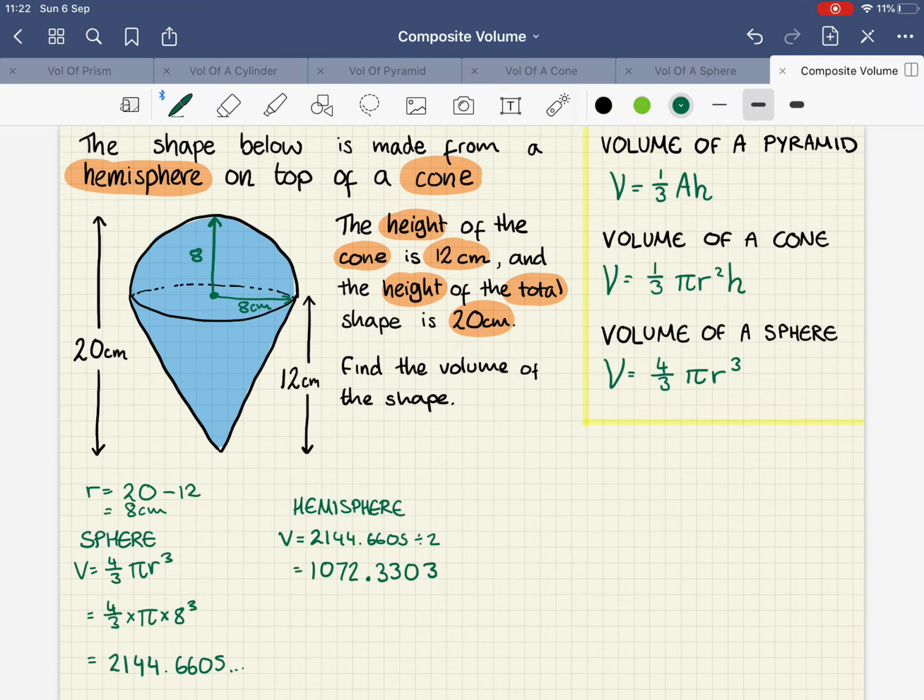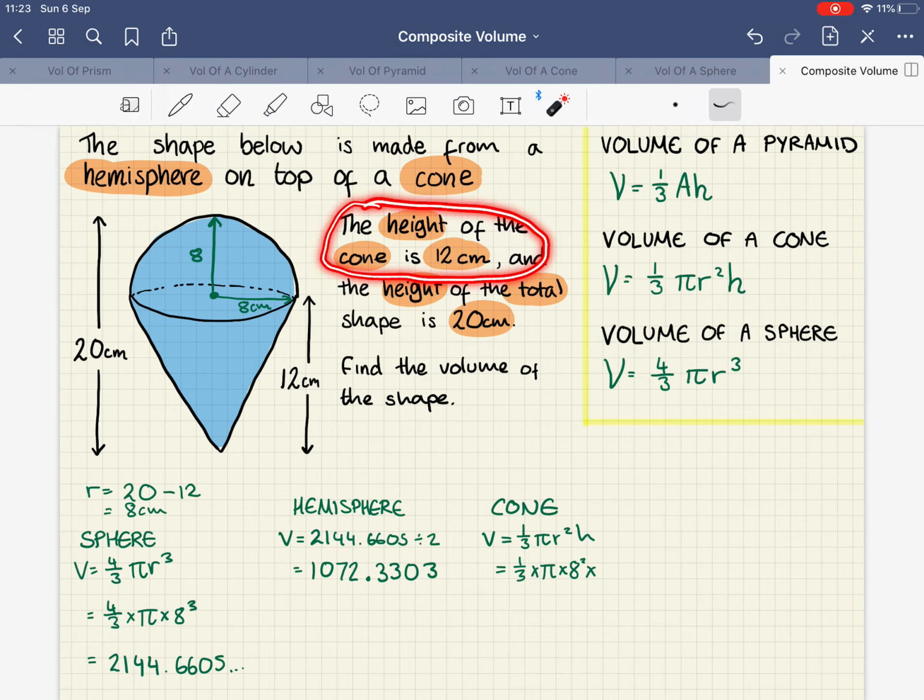And then I've got to do my cone. So my cone, using V equals a third pi r squared h. So I've got a third times pi times 8 squared times the height of the cone, which, don't get it confused with the total height, is just that 12 centimeters there.